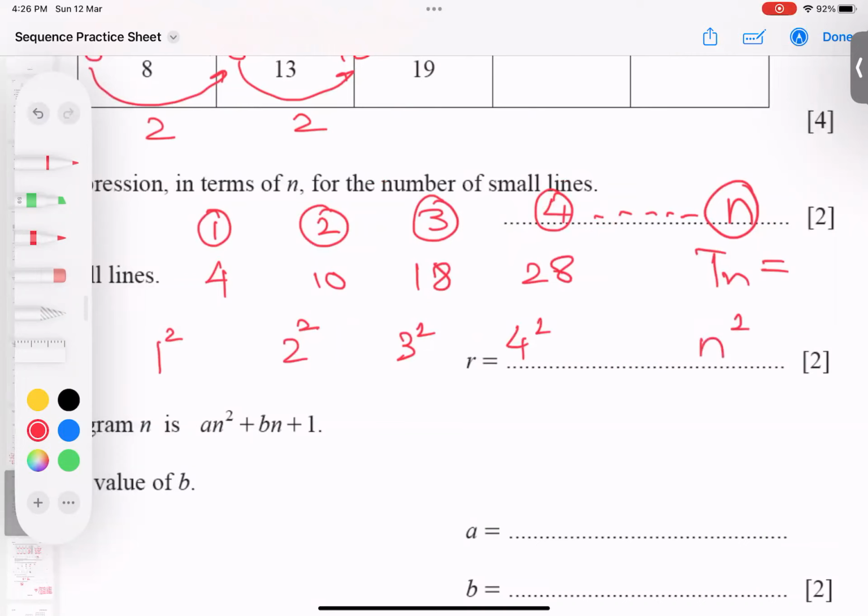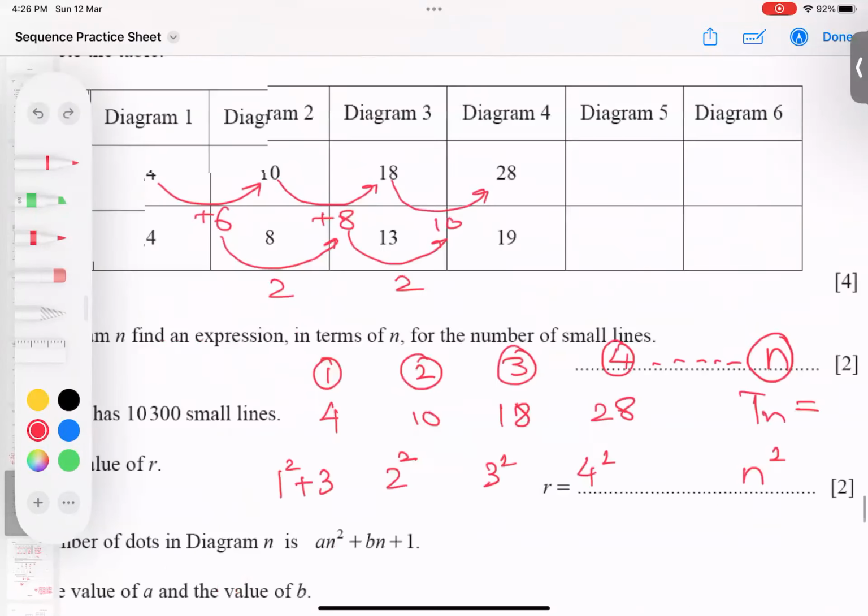Now ask yourself, 1 to the power 2 plus what gives you 4? Common sense: 1 to the power 2 is 1, plus 3 gives you 4. 2 to the power 2 is 4, plus... one minute please. This is not matching, I think.